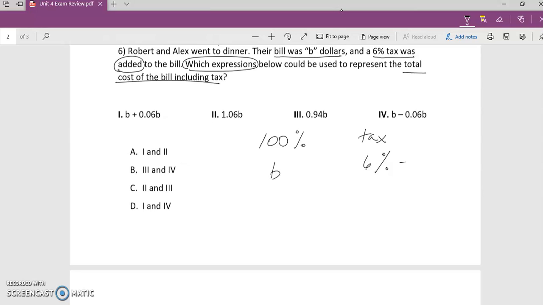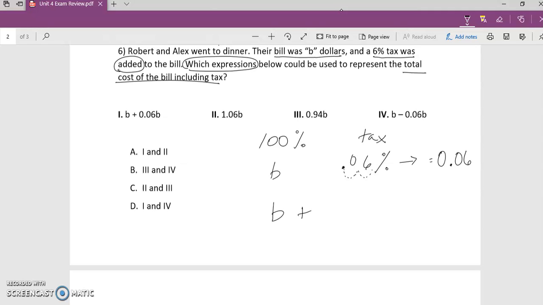6%, when I try to convert it to a decimal, I move it back once, move it back twice, is equal to 0.06 as a decimal. So now I have to figure out what are the ways that I can write this. The first way is, again, I'm adding.